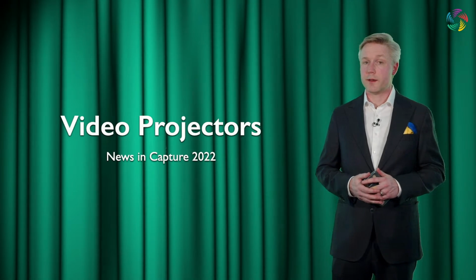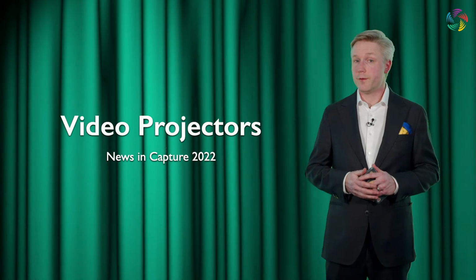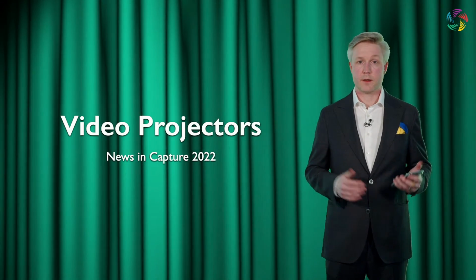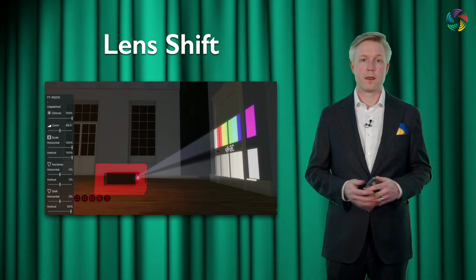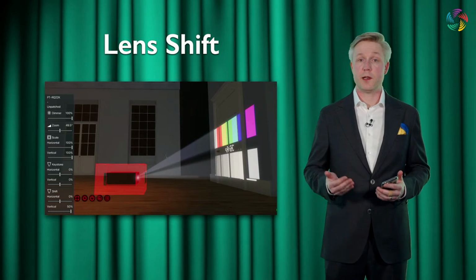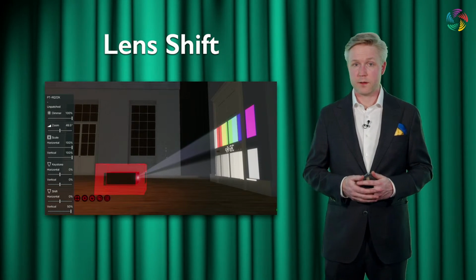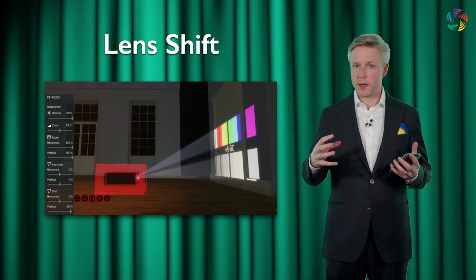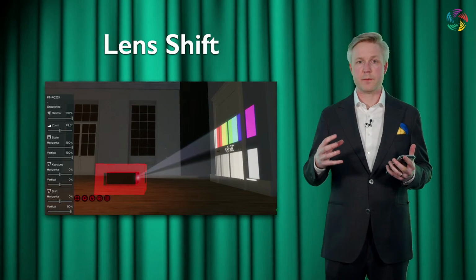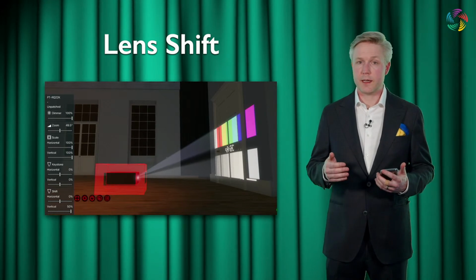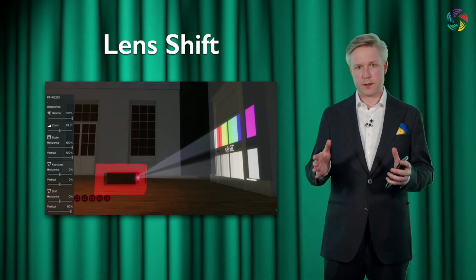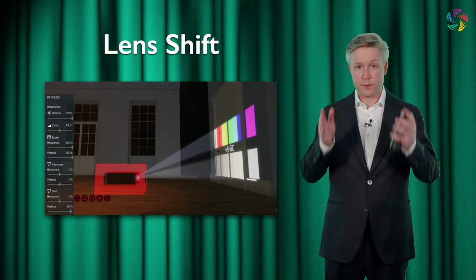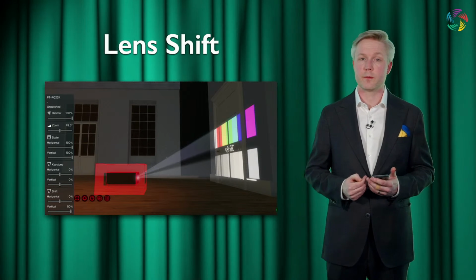Now let's move on and take a look at a new feature in video projectors. And this one is pretty straightforward, and it's lens shift. For those who are not familiar with what lens shift is, this is in effect moving the lens in front of the projector, and this has the effect that the entire projected image moves without being distorted.